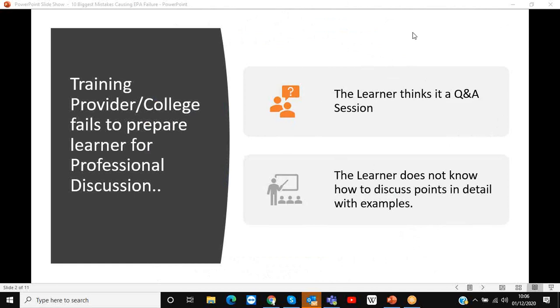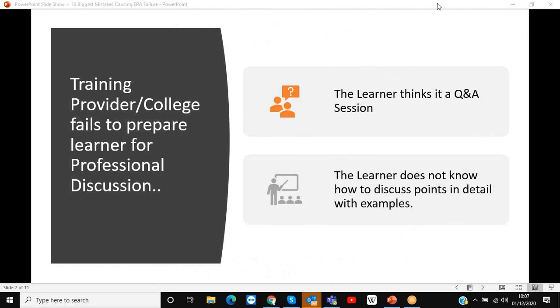So, for instance, a learner will possibly talk about something they've done as part of their CPD log, but they'll be very matter of fact and very short. Oh yes, I did X for my CPD log because I needed to. Now, in terms of a professional discussion, this doesn't give us very much information at all.